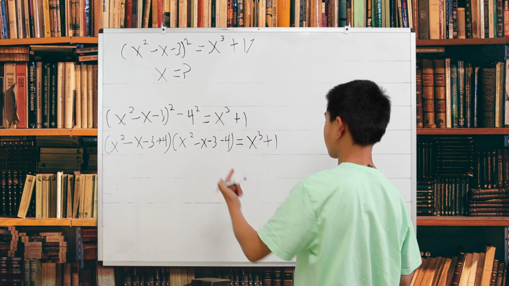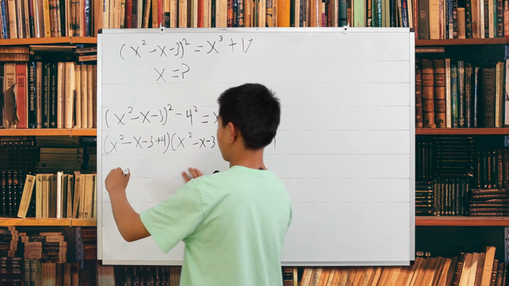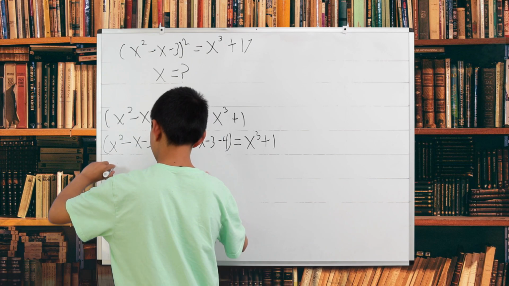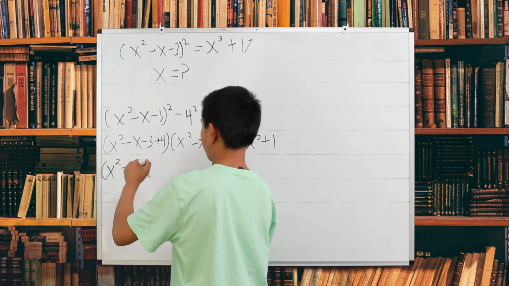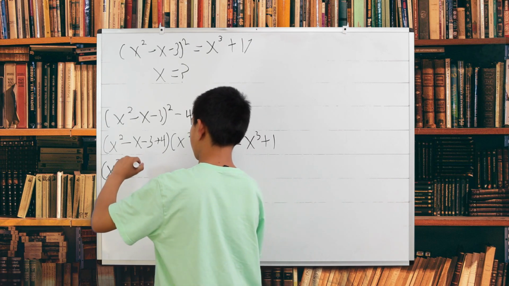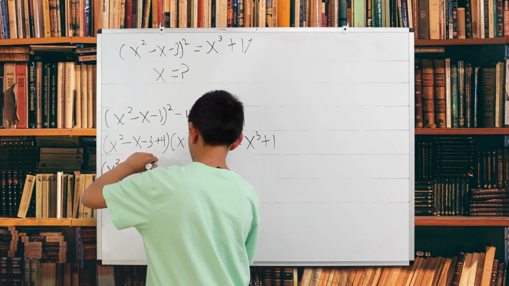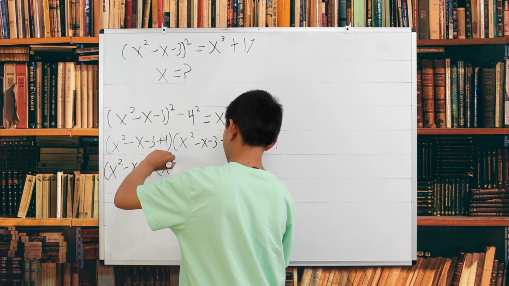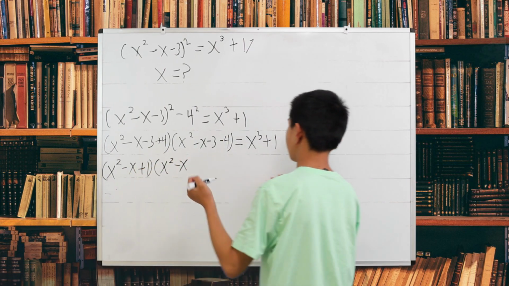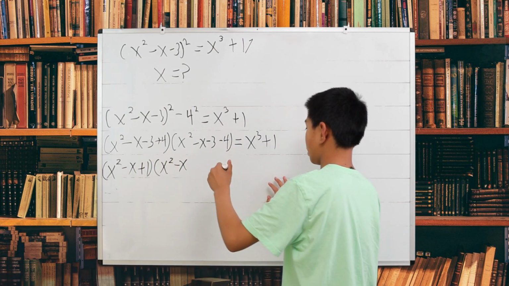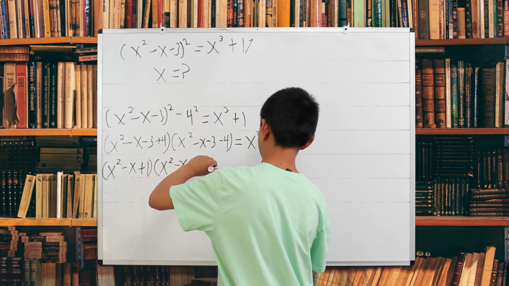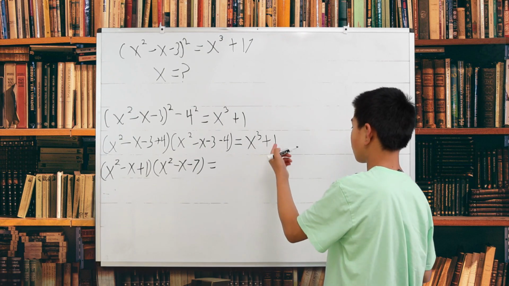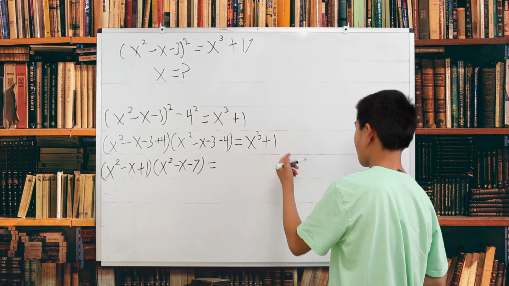Now, we can further simplify this. So this is going to be (x² − x, well, negative 3 plus 4 is just positive 1, so plus 1) times (x² − x, well, negative 3 minus 4 is just negative 7, so minus 7) is equal to, well, we can make this into an equation.